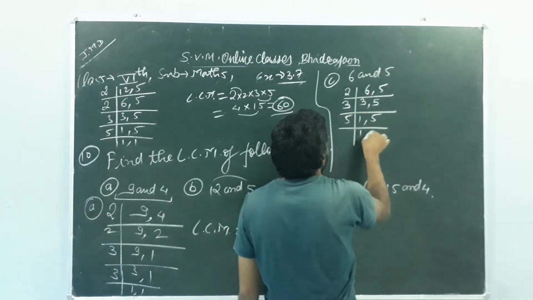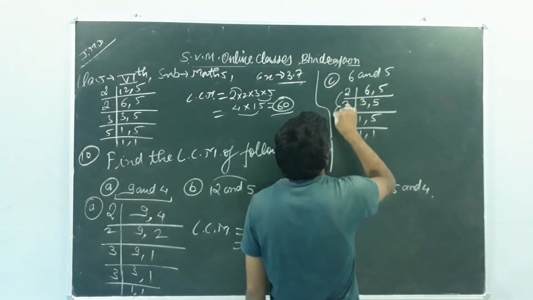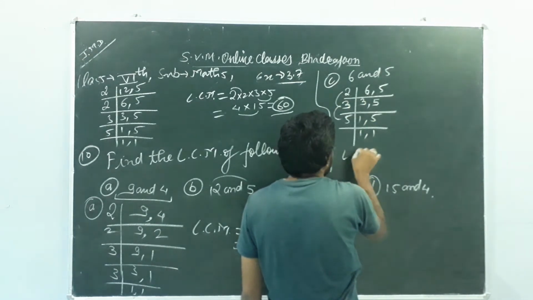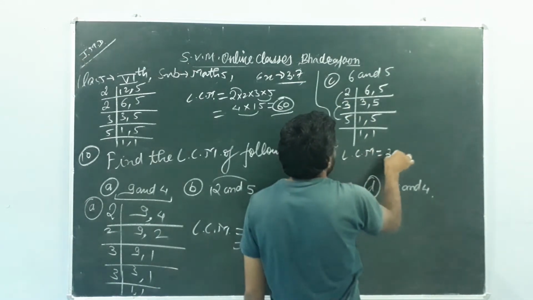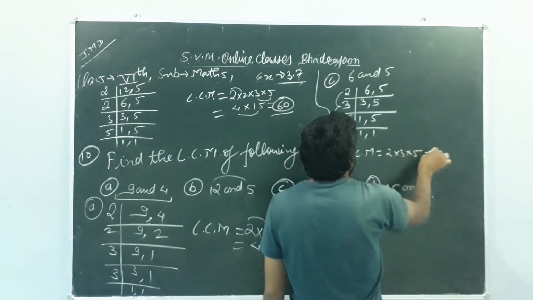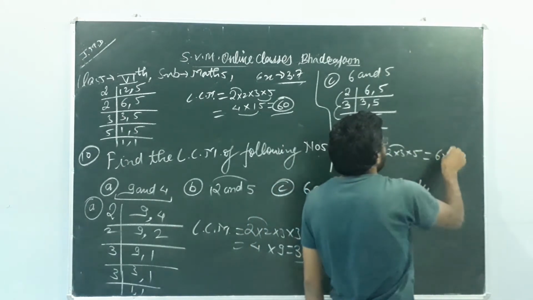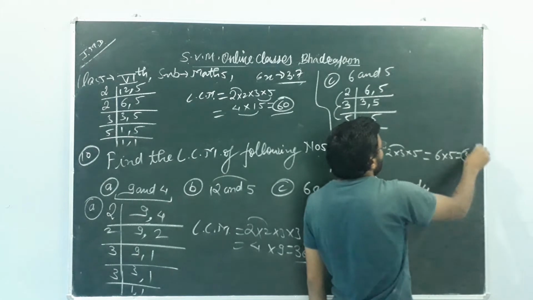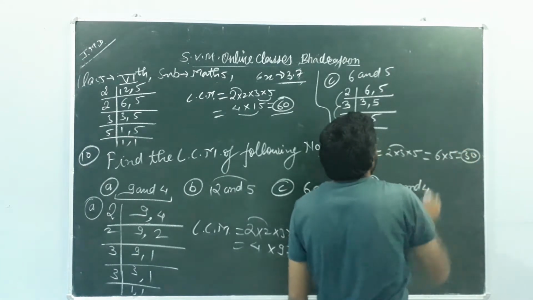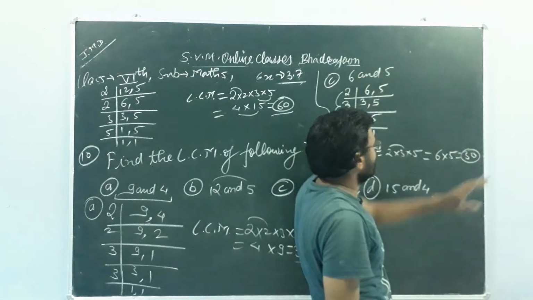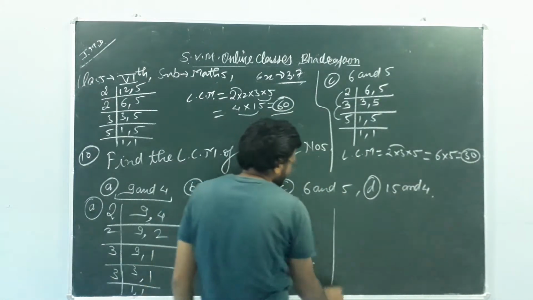After that 5 1s are 5, and 1 and 1. So our LCM is 2 into 3 into 5. 2 3s are 6, 6 into 5 is 30. Now also our LCM is the product of the two given numbers, 6 5s are 30.